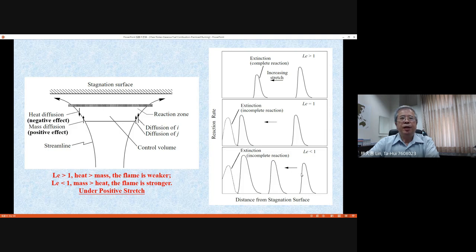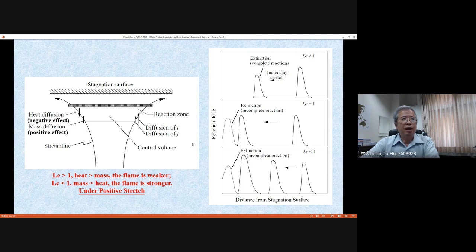Now you can see for the stagnation point flow, for the case of Lewis number smaller than 1, when you push your flame closer to the stagnation plane, the chemical reaction rate is actually enhanced continuously to a larger value. But unfortunately, they still need to attach to the stagnation surface, and this will cause the flame extinction because there is an incomplete reaction.